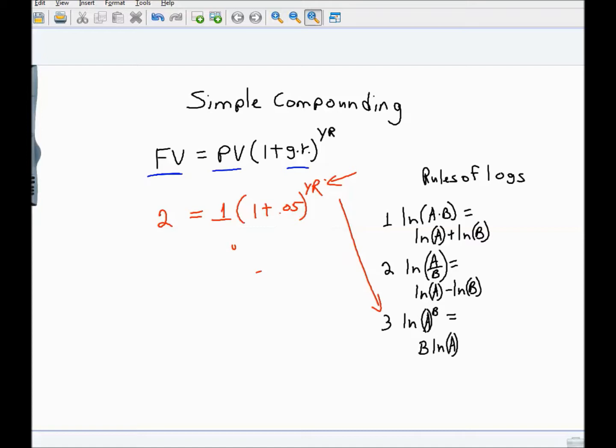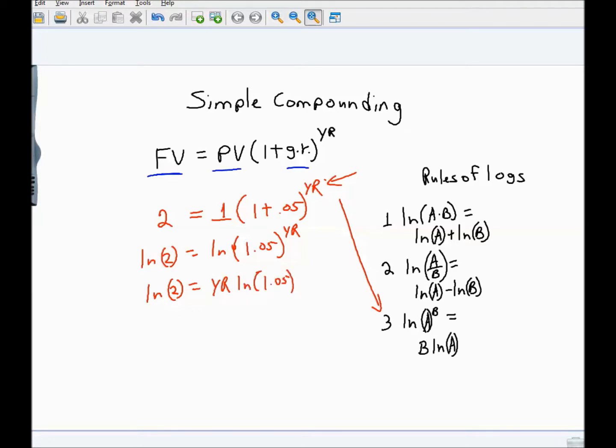So I'm going to rewrite this as the log of 2 equals the log of, I don't need the 1, right? The log of 1.05 raised to the number of years out. Then I'm going to apply this rule of logarithms, so it would be the log of 2 is equal to year times the log of 1.05.